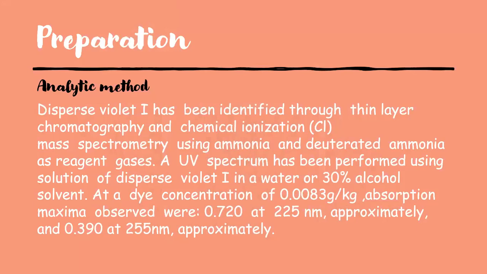A UV spectrum has been performed using a solution of Disperse Violet 1 in water or a 30% alcohol solvent at a dye concentration of 0.0083 gram per kilogram. Absorption maxima were observed at 0.720 at approximately 225 nanometers and 0.390 at approximately 255 nanometers.